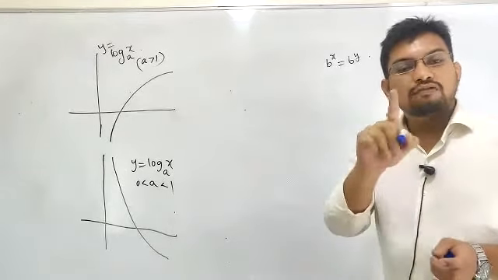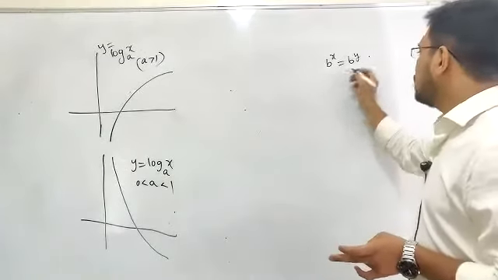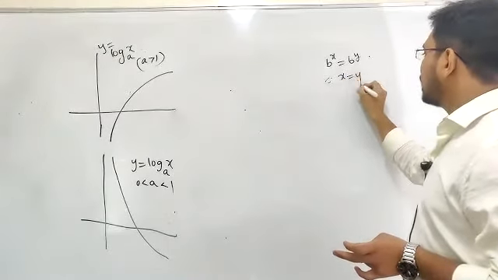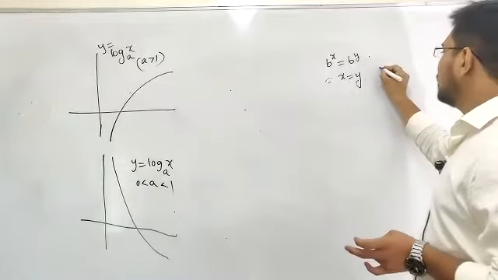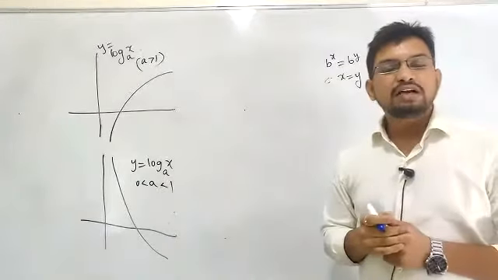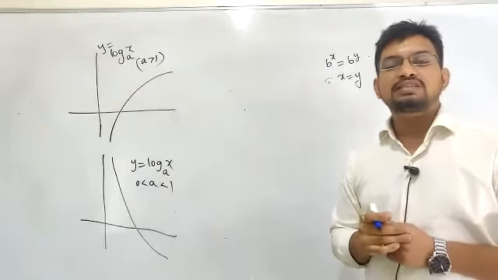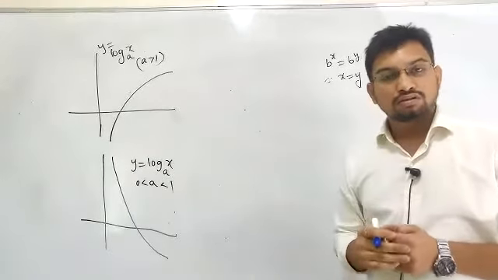I can write x is equal to y in this case only if b is not equal to 0, 1. Our phrase is missing something.